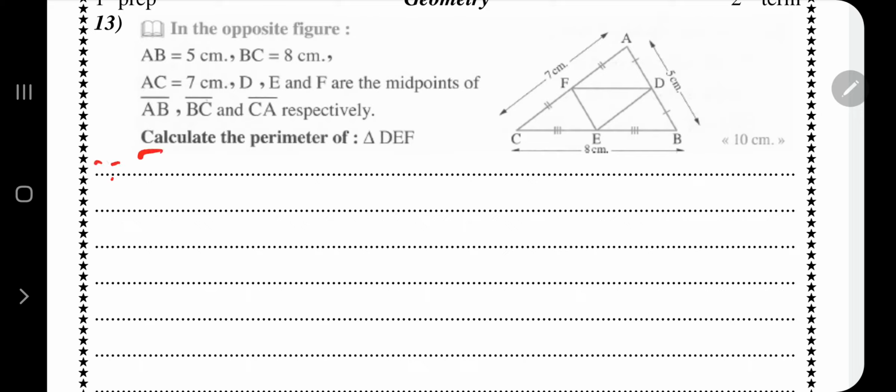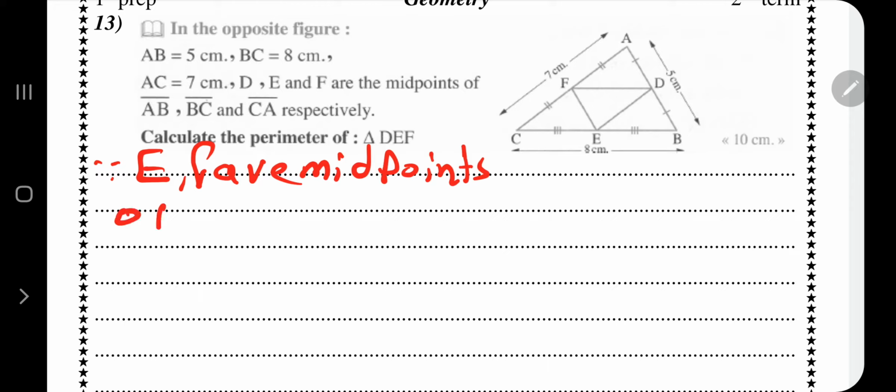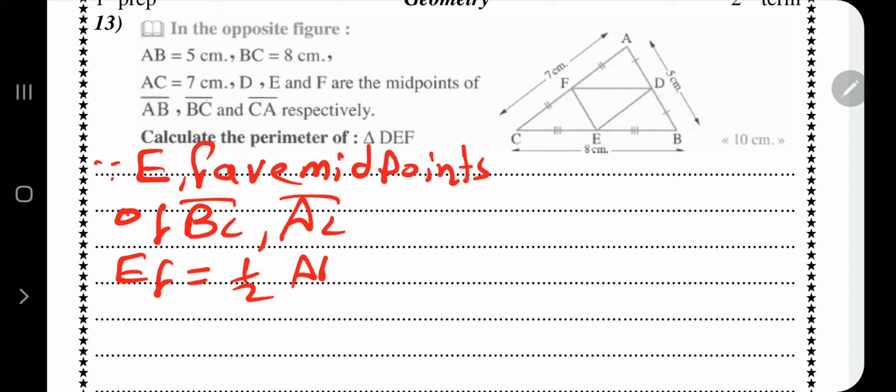Since E is the midpoint of BC and F is the midpoint of AC, that means EF equals half AB, half times 5 equals 2.5.